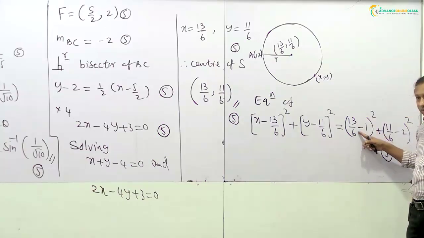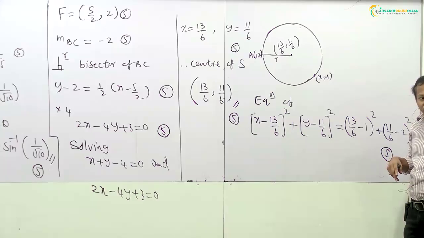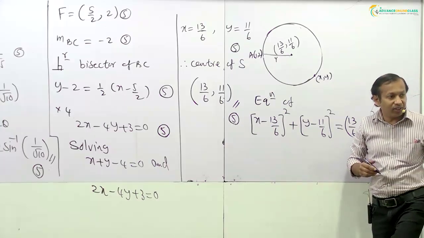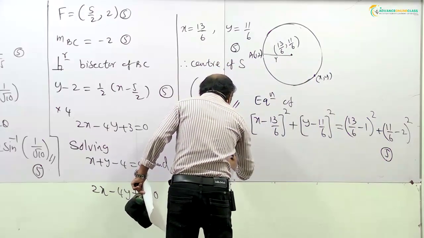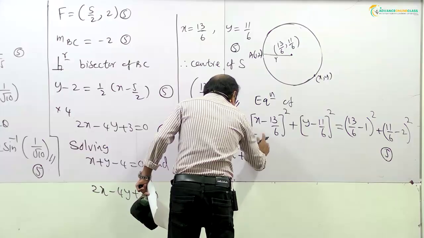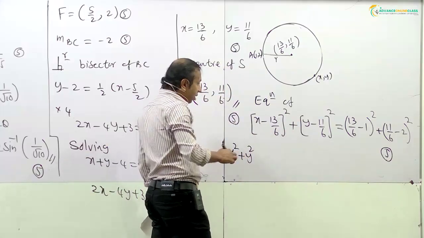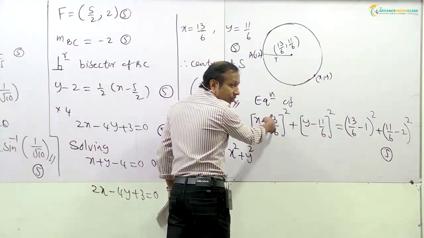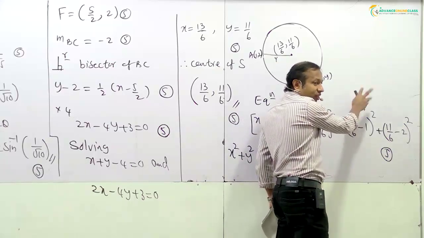Here, 13 by 6 perfect squared also we can cancel down. When you think like that, simplification will also be very easy, right? I'll simplify it like this. x squared plus y squared. Here and here I took. Here, 13 by 6 perfect squared, here 13 by 6 perfect squared, we can cancel down.